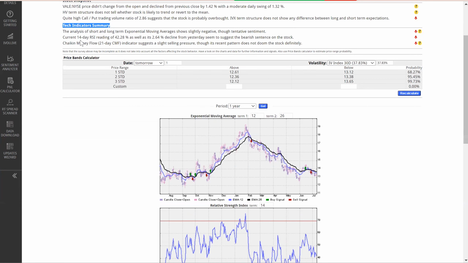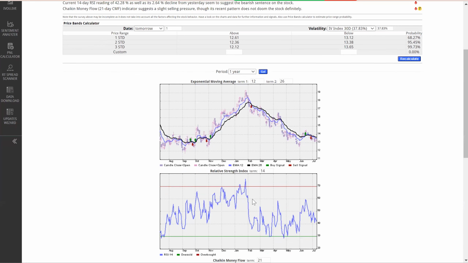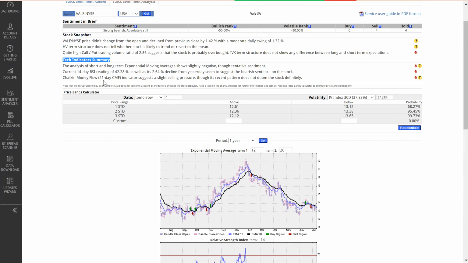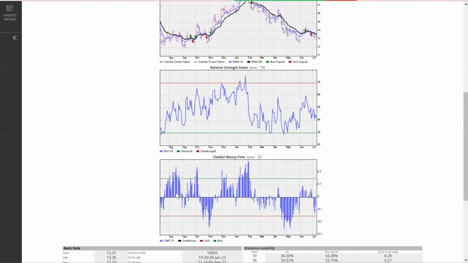And then we have the RSI. The 14-day RSI is the most common measure used. Here's the RSI, and Vale's kind of in the middle, but trending lower. And then we have the Chaikin money flow indicator, which is showing us where the volume is, right? The money flow fluctuates in these big waves.